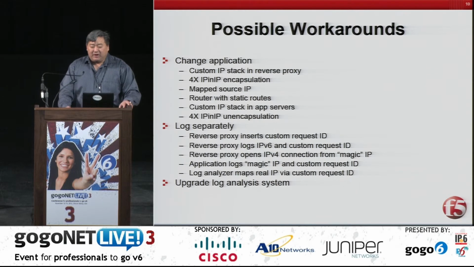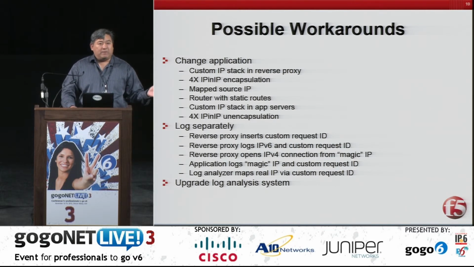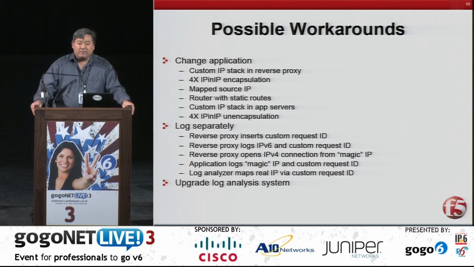Either it doesn't know how to parse IPv6 addresses, and you have to figure out how to convert them so that it does, or you've got to put in extra logic to figure out how to correlate between two log files, to determine who the real IP address coming in is. So for a lot of web applications out there, if there's some sort of accounting going on as to who is using the app and for how long, those are your likely candidates for caring about the IP address of the client.